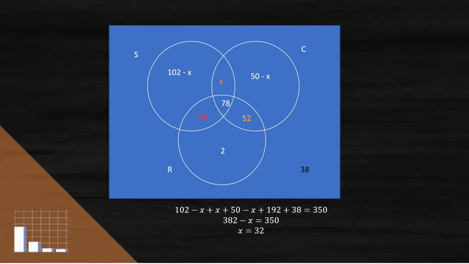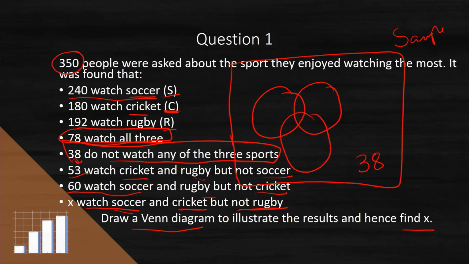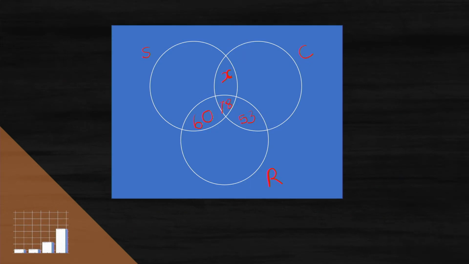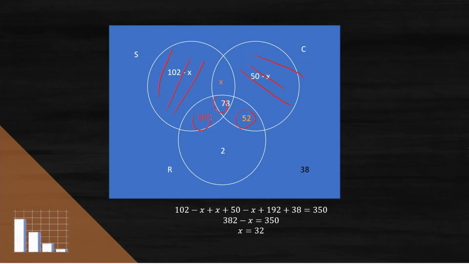Okay, so after we do the subtraction, we get 102 minus x being the number of people that watch soccer only, 50 minus x, the number of people that watch cricket only, and then the number of people that watch rugby, because all of these intersections are actually known. So if you say, let's have a look at what the number of people was, 192 minus 52 minus 78 and minus 60, that gives me 2 people who only watch rugby.